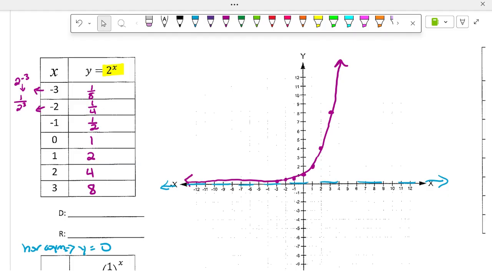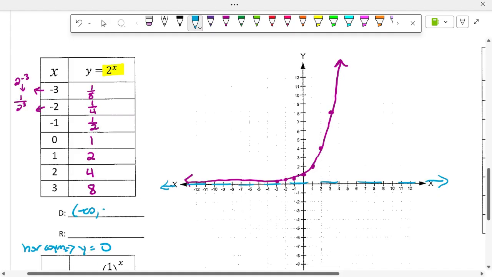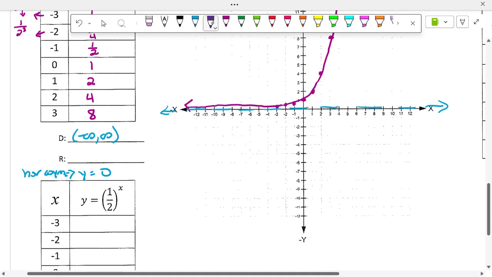Now, it goes all the way up forever and ever. It'll circle the world 50 billion times and it'll keep going. So what's the highest x value? Infinity. So in other words, if it's going from negative infinity to infinity, what is the domain? So that's the domain, but what's another name you can call it? All real numbers. So the shorthand is just an R with a line through it.